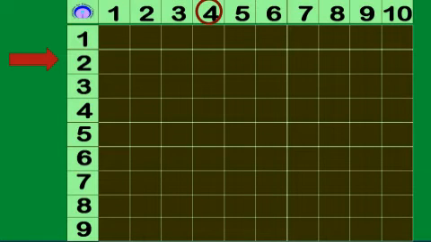What is 2 times 4? The answer is 8. What is 2 times 5? The answer is 10. What is 2 times 6? The answer is 12. What is 2 times 7?